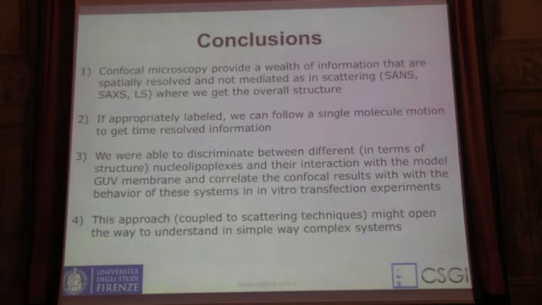I'm over. The conclusions are that you have to know the overall structure of the system you use and how the system relaxes. Then at the macroscopic level, you use a scattering technique to detect the system. You can use confocal microscopy easily, and fluorescence correlation spectroscopy, which is also quite an easy technique to use to investigate the local dynamics.